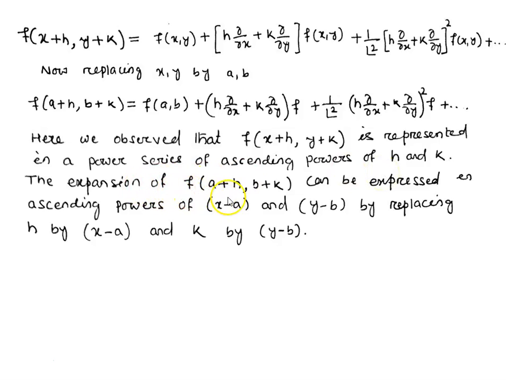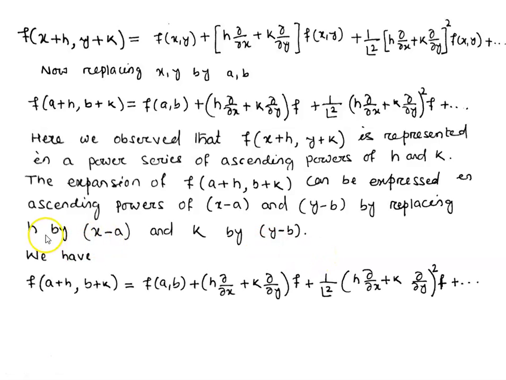The expression of f(a+h, b+k) can be expressed in ascending powers of x minus a and y minus b just by replacing h and k, because here we have seen that f(a+h, b+k) is nothing but a power series expansion in powers of h and k. If we need an expression in the powers of x minus a and y minus b, we just have to replace h by x minus a and k by y minus b.